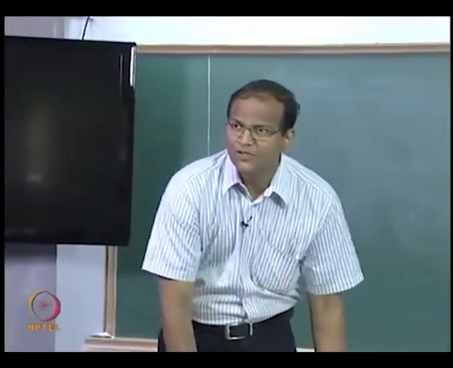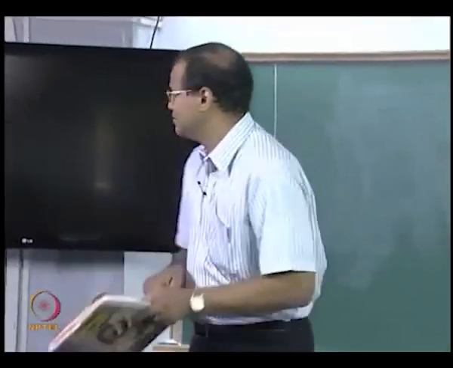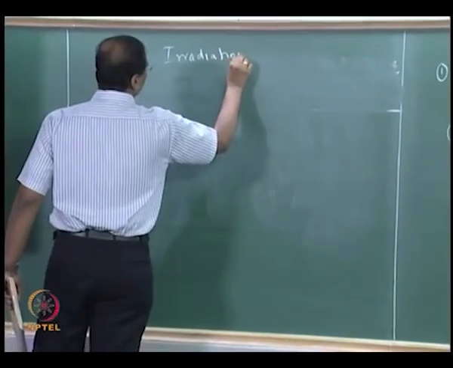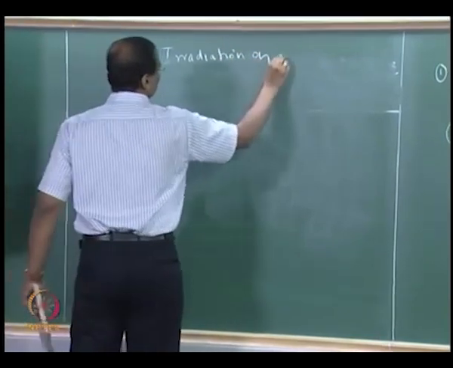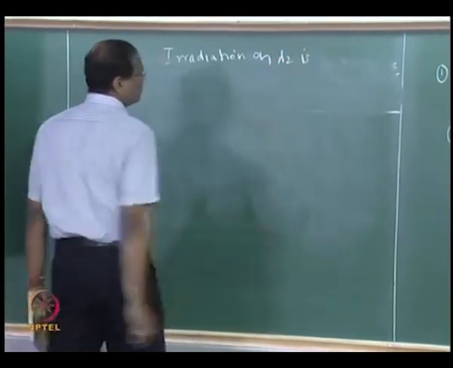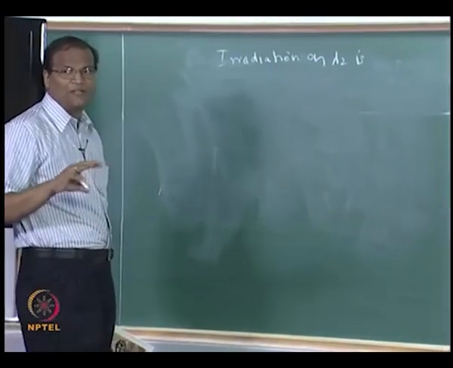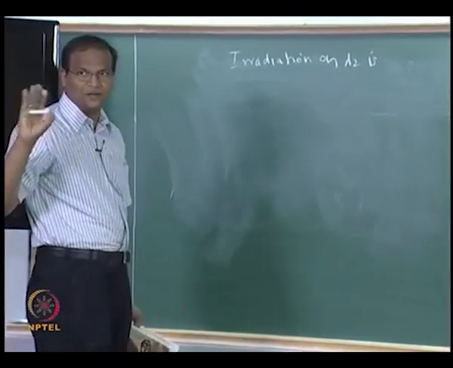Correct, A1L12 is equal to, alright, therefore irradiation. This is irradiation on A2 just only from the radiation coming from A1, there could be other surfaces in the enclosure, okay.